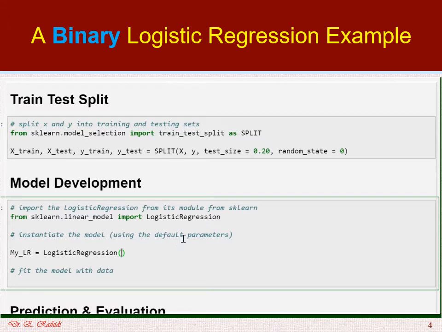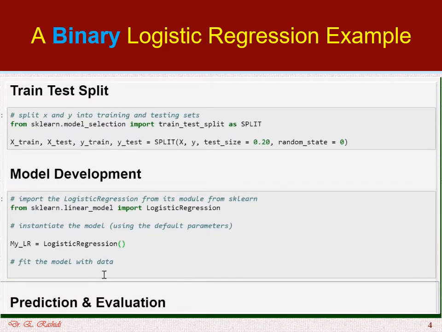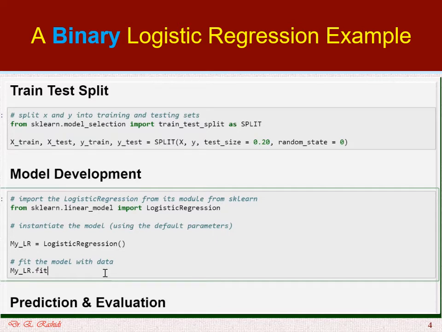And we're not going to set up any parameter, so by default all the parameters are already set. And now we can actually train our model. So my logistic regression model, fit it to our training data set.